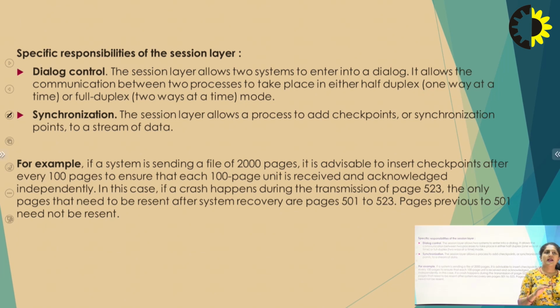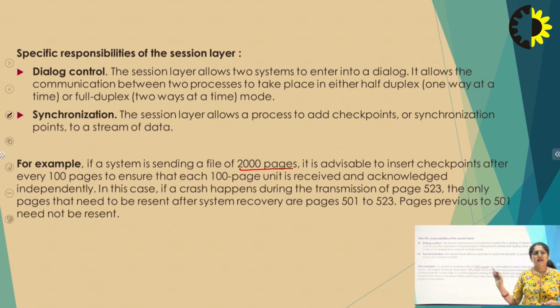Secondly, synchronization. Synchronization means the session layer allows a process to add a checkpoint, a synchronization point, to a stream of data. For example, if a system is sending 2000 pages, it is advisable to insert a checkpoint after every 100 pages, so as to ensure each 100-page unit is received and acknowledged independently.